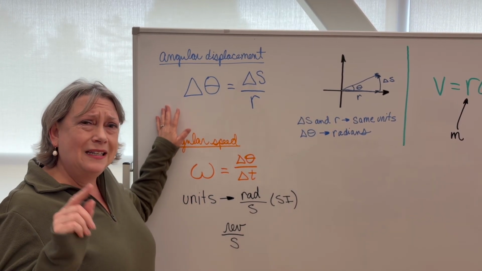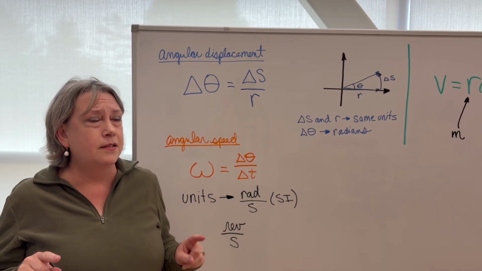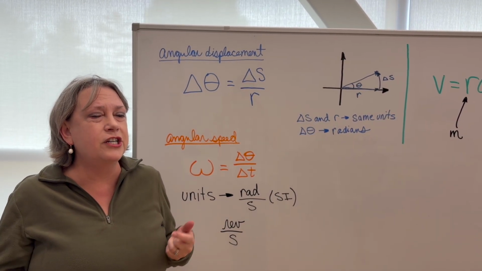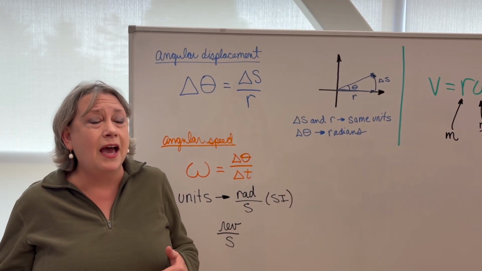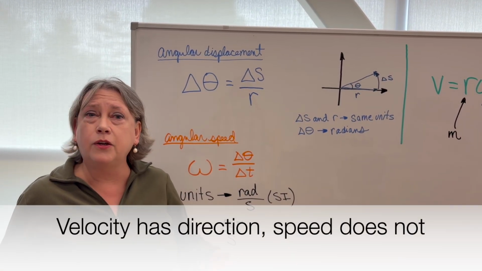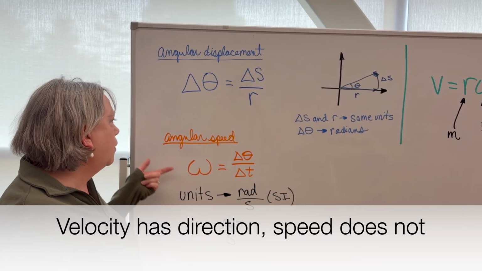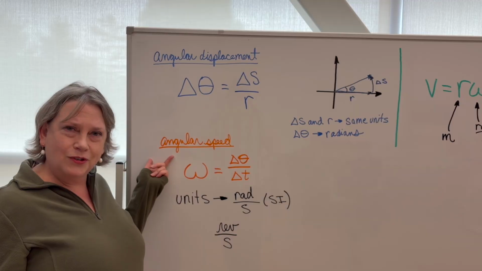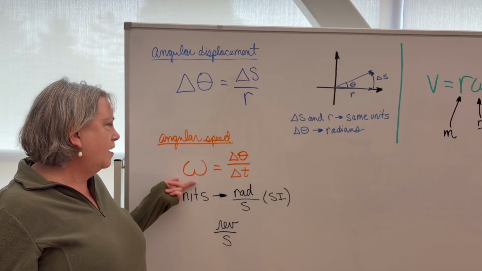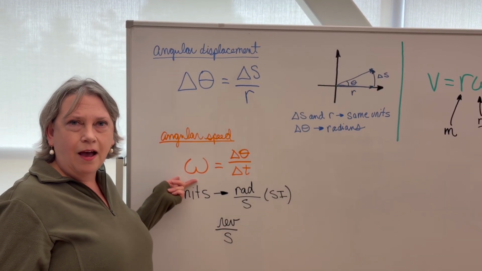So just like we had linear displacement, delta x, we could take that, divide by time, and get velocity or speed if we're including direction. We're going to have a new quantity that we're defining as angular speed. Angular speed, this is a Greek letter omega.